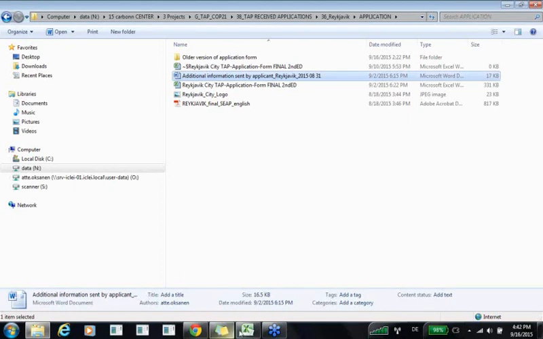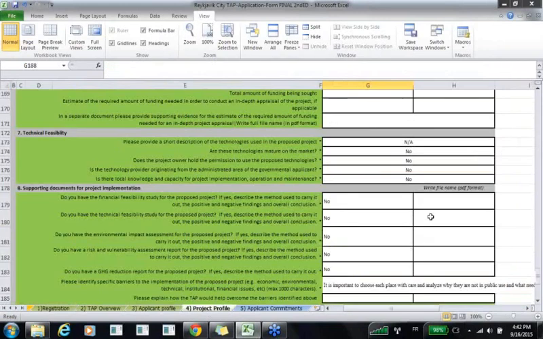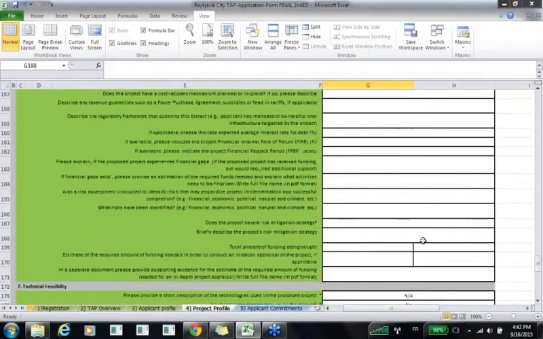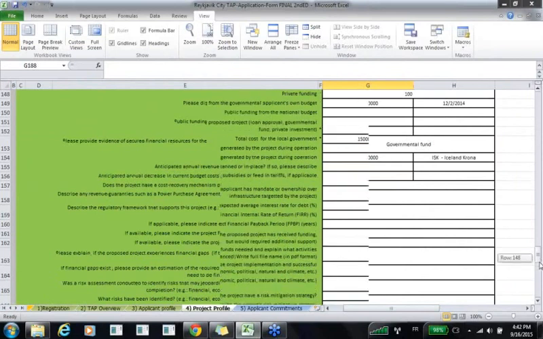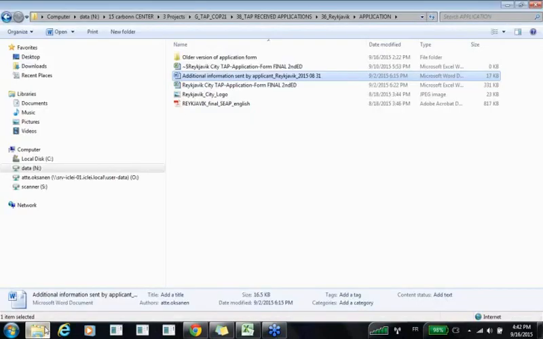So you have to look at all the different pages to see what kind of information they've given that could help show that it's a cross-cutting or an inclusive project or whatever it is. So you'd have to look at all the different fields of the application form as well as the supporting documents.